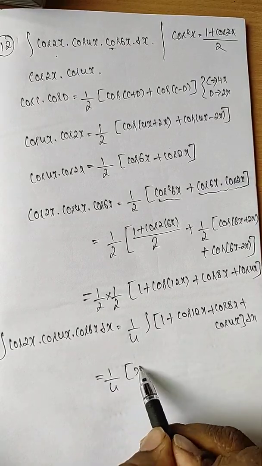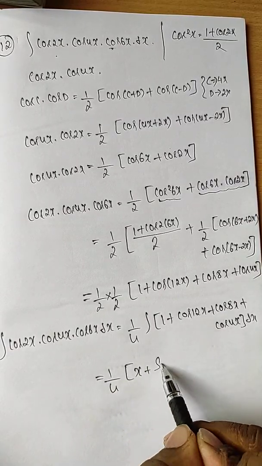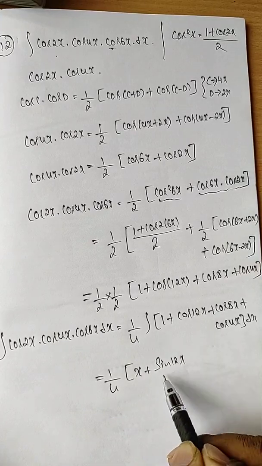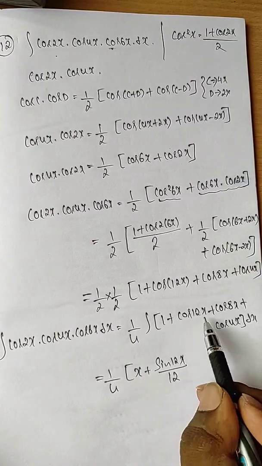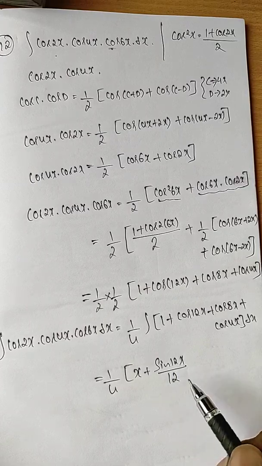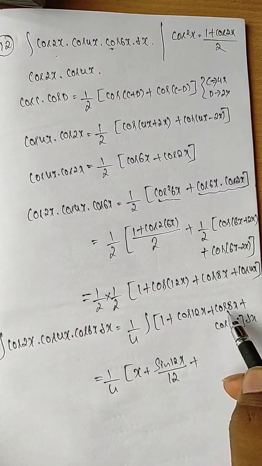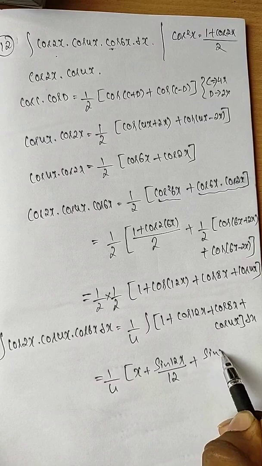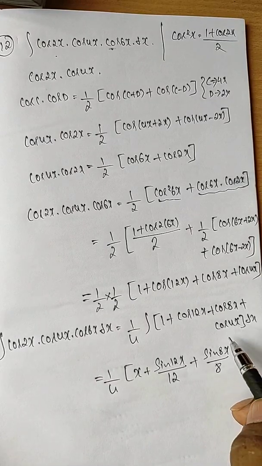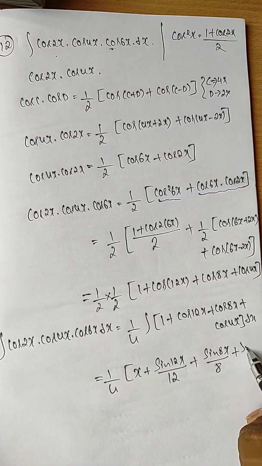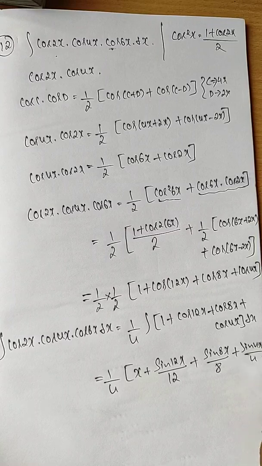Integration of 1 is x, plus integration of cos 12x is sin 12x by 12. The integration of cos is sin. In the integration, if any x coefficient exists, write the x coefficient in the denominator. The integration of cos 8x is sin 8x by 8. The integration of cos 4x is sin 4x by 4, plus c. Is it okay?